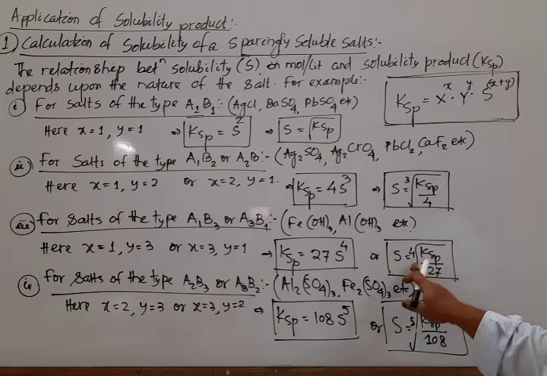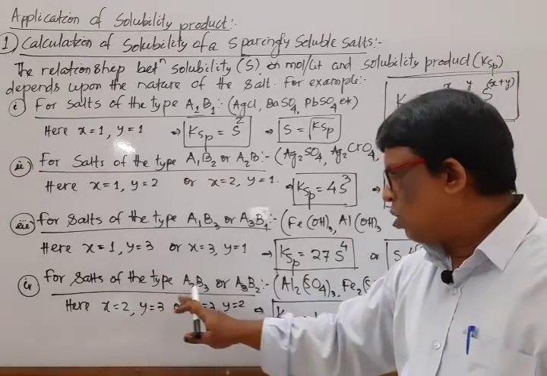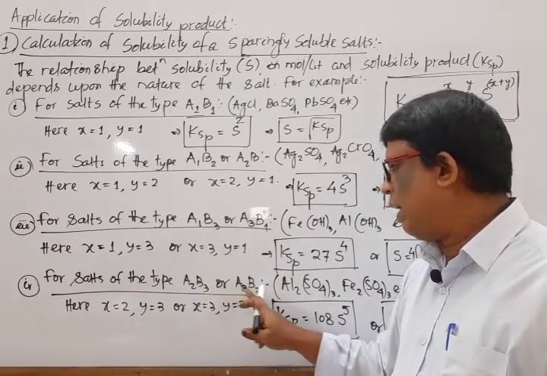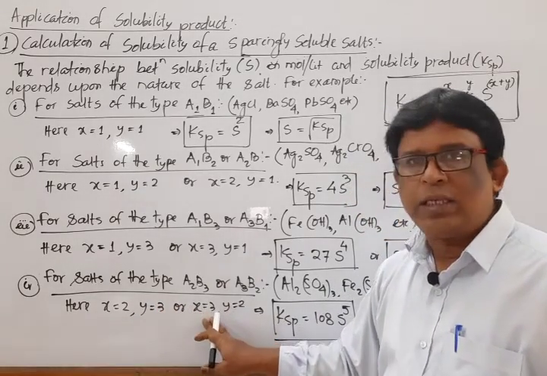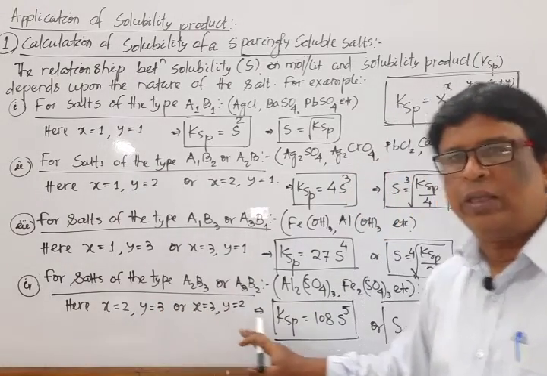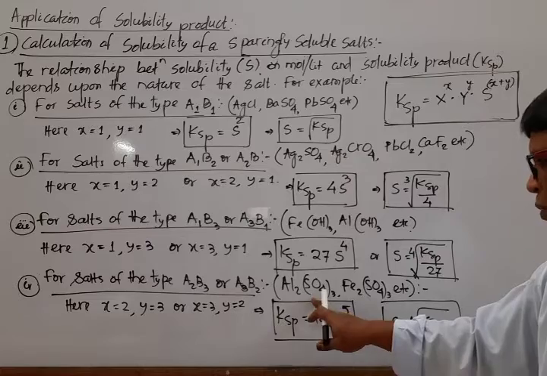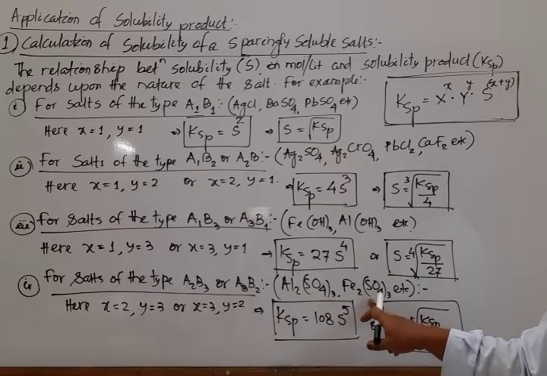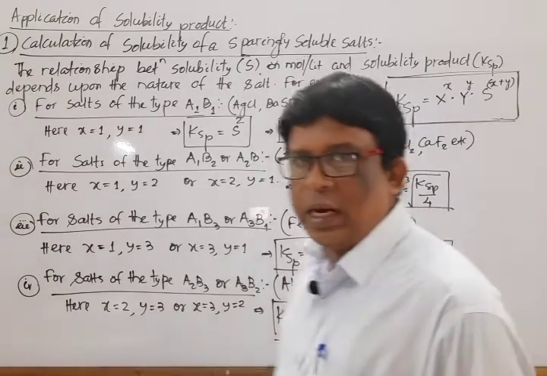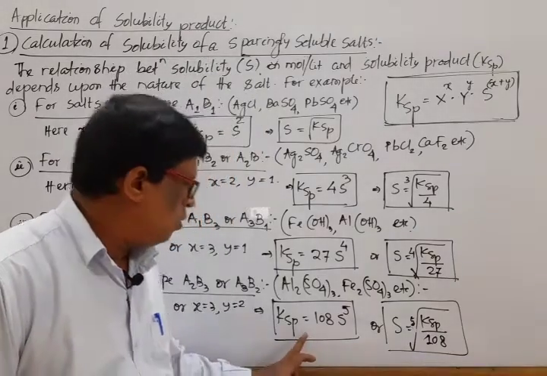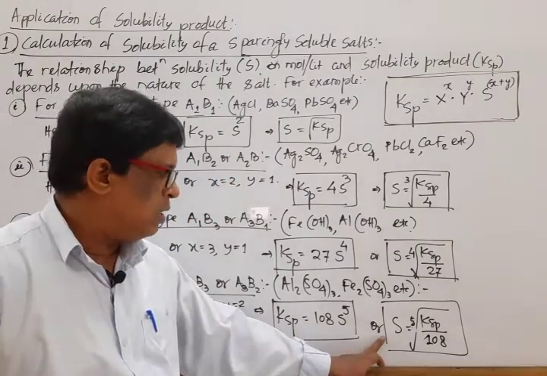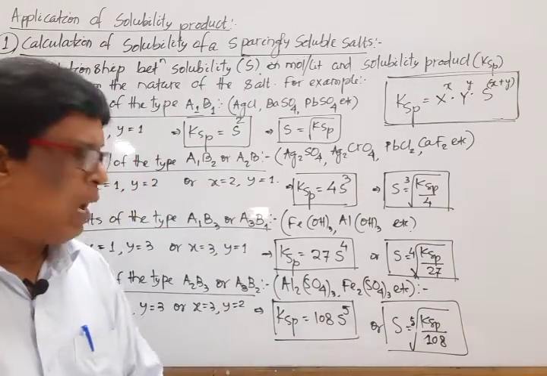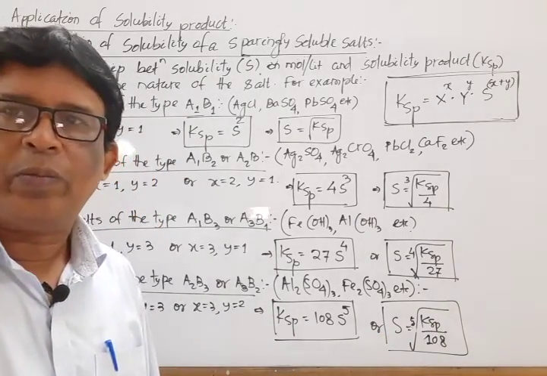Last one, for the salt of the type A2B3 or A3B2, here you may apply x equal to 2, y equal to 3 or x equal to 3, y equal to 2. Some examples: aluminum sulfate, ferric sulfate, etc. By putting this value, we mark that Ksp is equal to 108 S to the power of 5, or S is equal to fifth root of Ksp by 108.